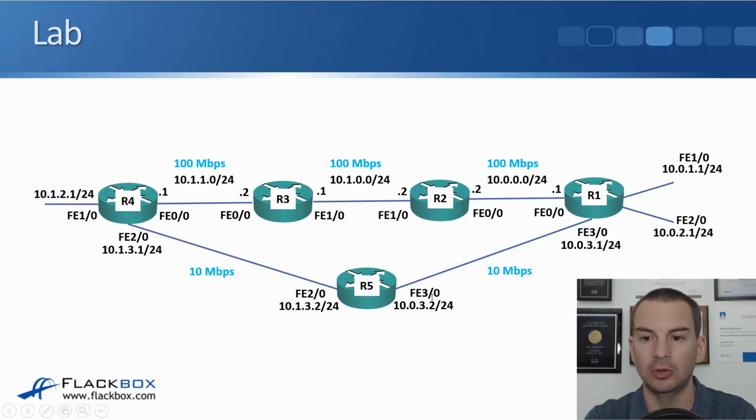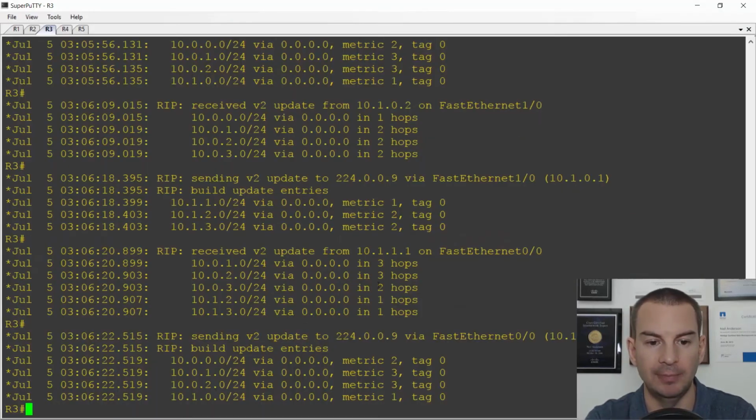So R3 should receive information about the 10.0.0.0/24, the 10.0.1.0/24, and the 10.0.2.0/24 network from R2. Also the 10.0.3.0/24 as well. It's also going to be sending out updates to R2 and to R4 as well. So if I jump back onto the command line, you'll see that yes, it is sending and receiving updates.